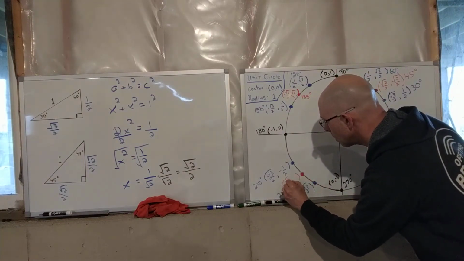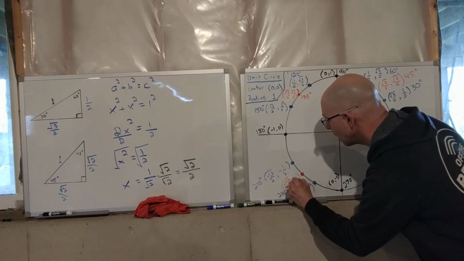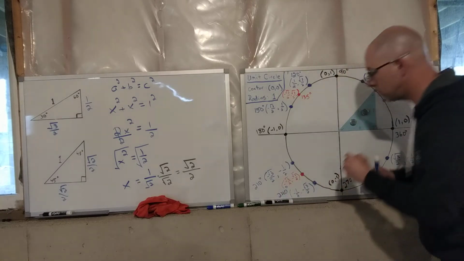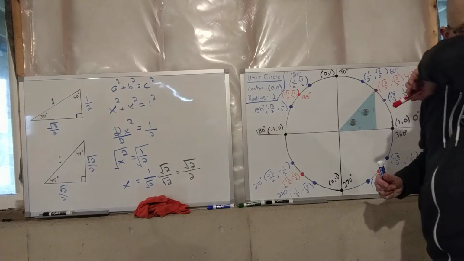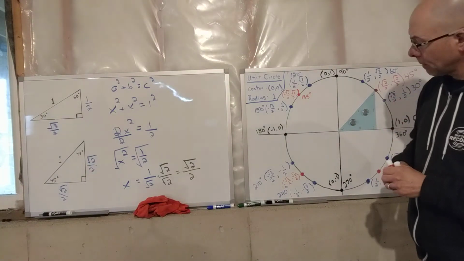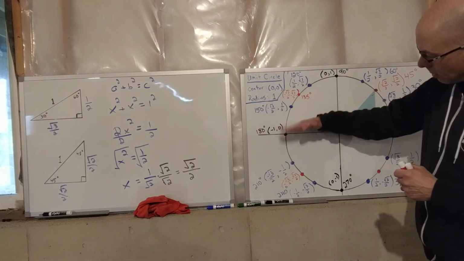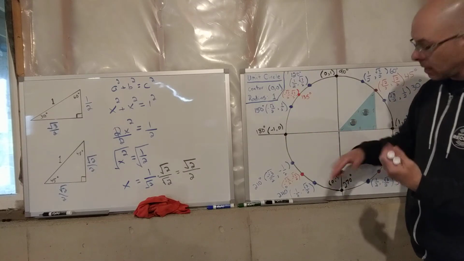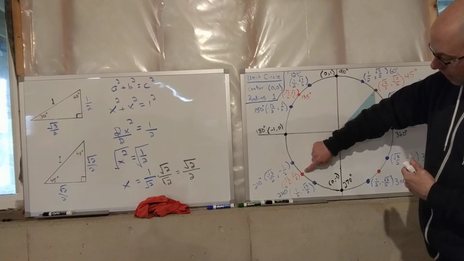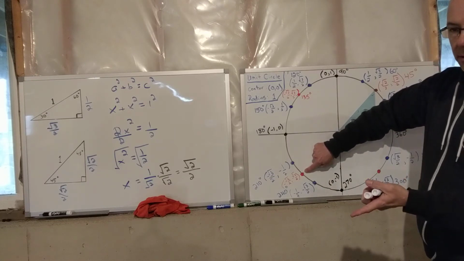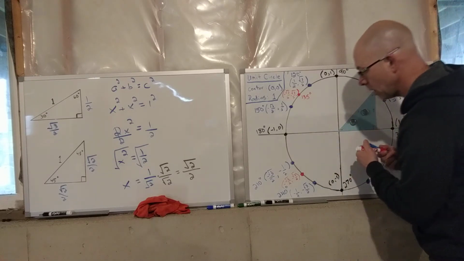So negative square root of 2 over 2, negative square root of 2 over 2. Again, you can think of it as 45 degrees after the 180 if we're going around this circle, or I like the 15 idea. That's 210, that's 15 degrees past that, so 225.